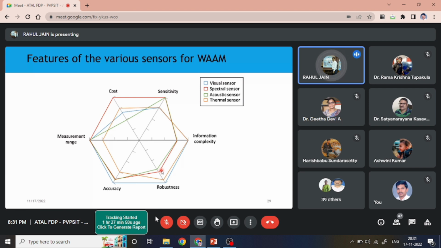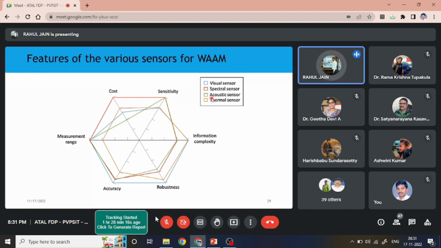If 2 or 3 elements emit different kinds of wavelength at a higher temperature, then distinguishing between those 2 or 3 elements becomes difficult. Specifically, if the carbon content is there, then there is another challenge, because of the way this spectral sensor works, it becomes difficult for the carbon, right? Accuracy, that's why, is moderately high.